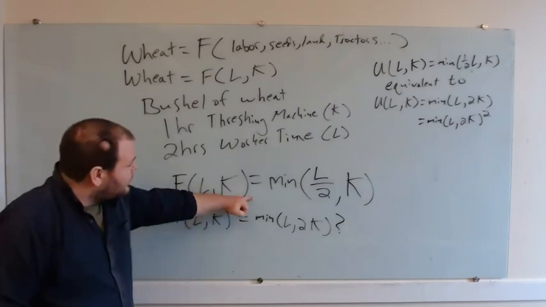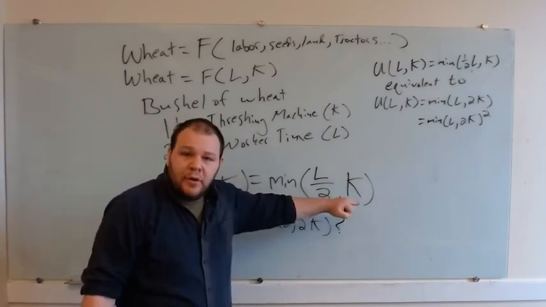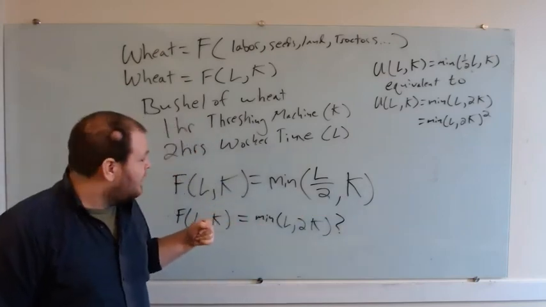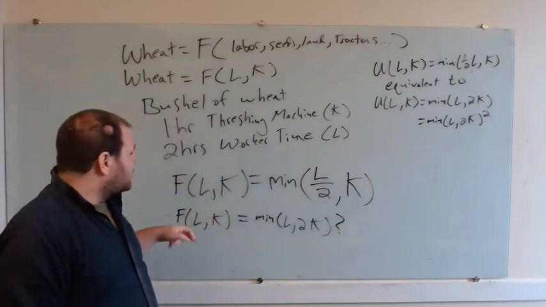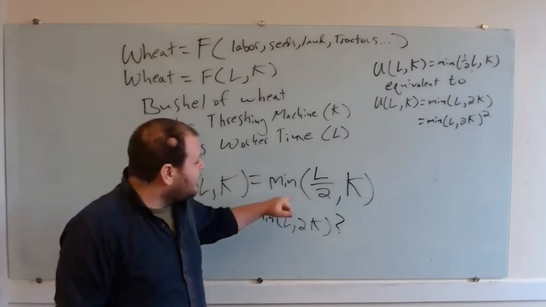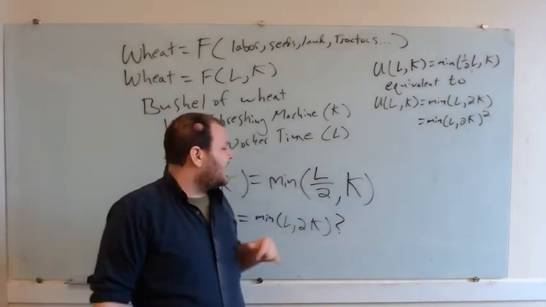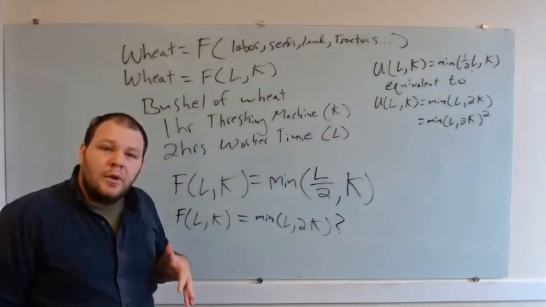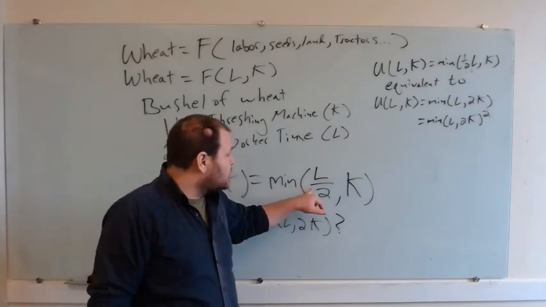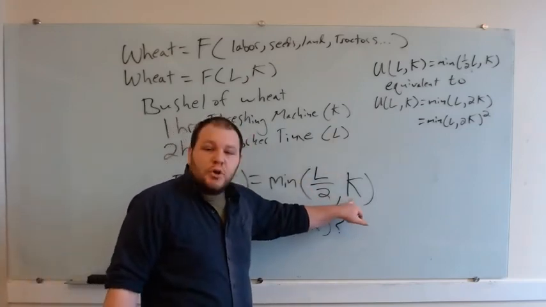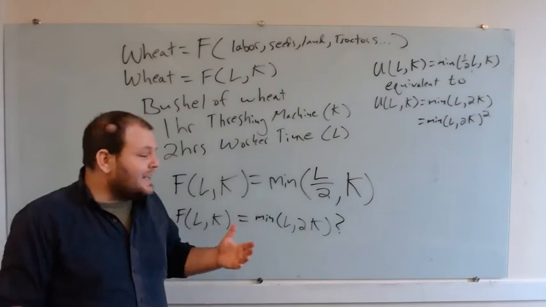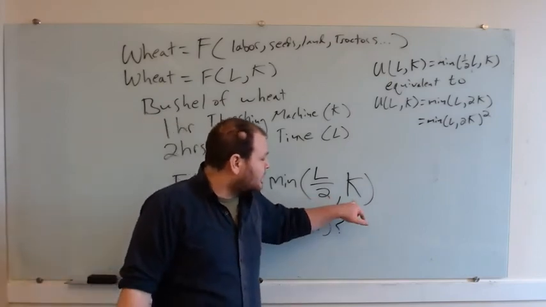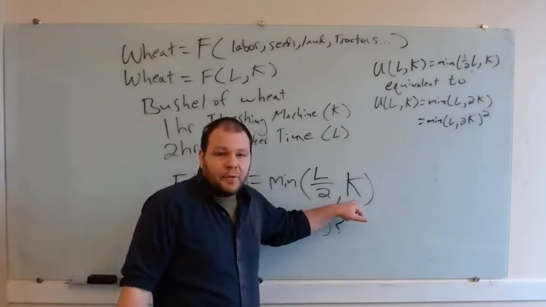The meaning of this equation, how we got here, is we asked how much wheat can we produce with L hours and K units of capital? We can produce L over 2 bushels of wheat with our labor, K bushels of wheat with our capital. Since it takes both, our total production is the minimum of L over 2 and K.